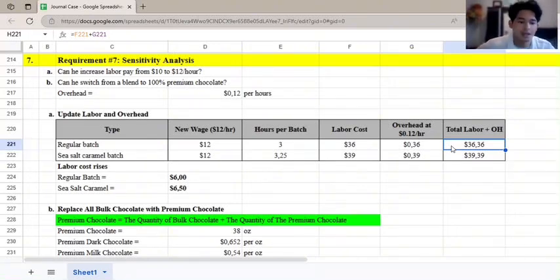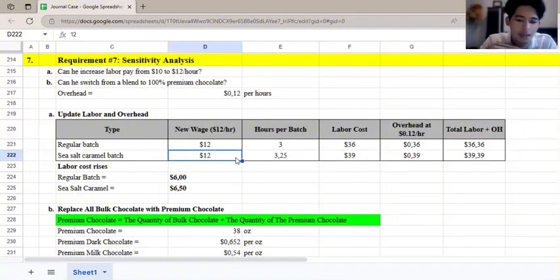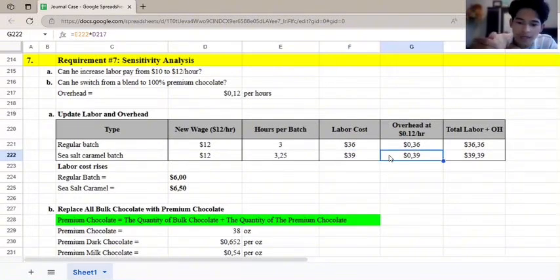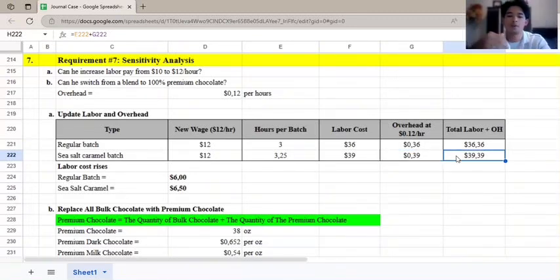$36.36. And for the sea salt caramel batch, we're using the new labor pay of $12 per hour, and the hours per batch is 3.25. The labor cost that we got from multiplying those is $39. We also apply the overhead, which is $0.39, and we add the $39 labor cost and the overhead.